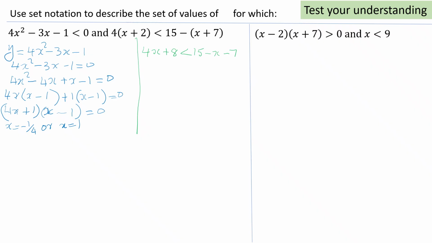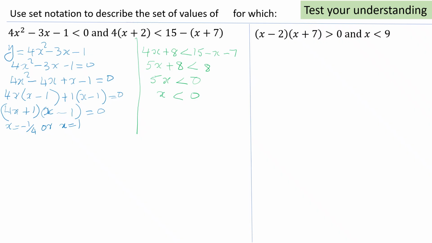Take x to one side, so 4x plus x, 5x plus 8 less than 15 take away 7 is 8. Now take away 8 from both sides, so 5x less than 0. So x less than 0.